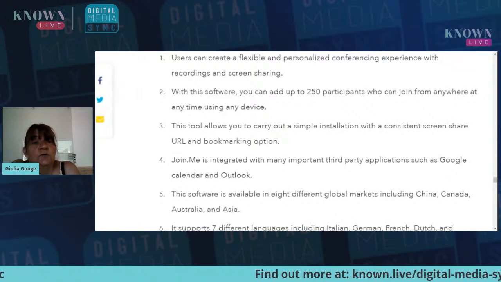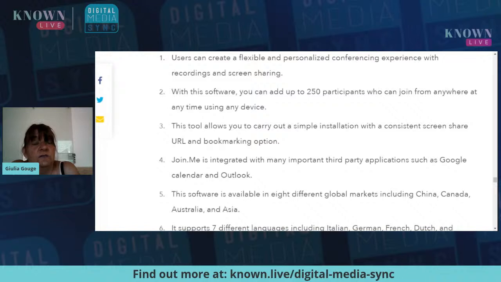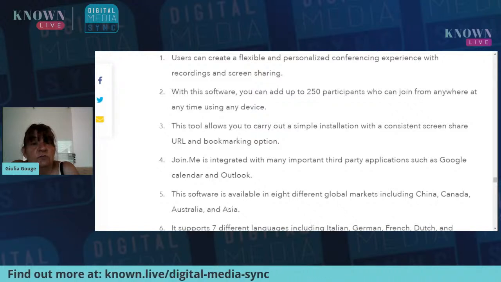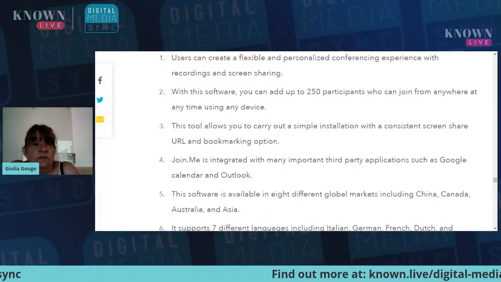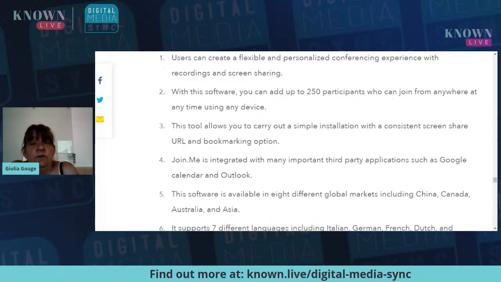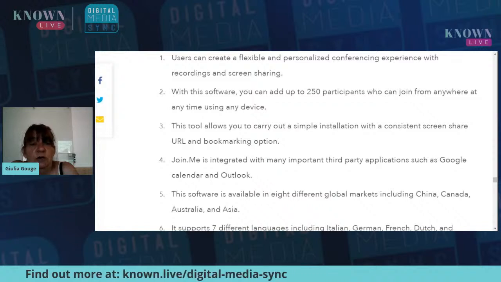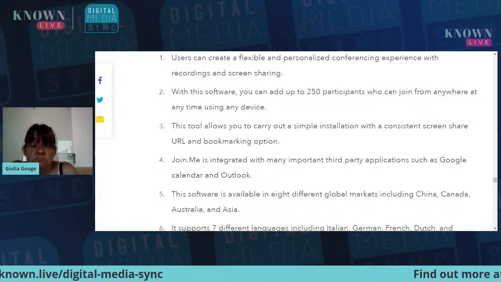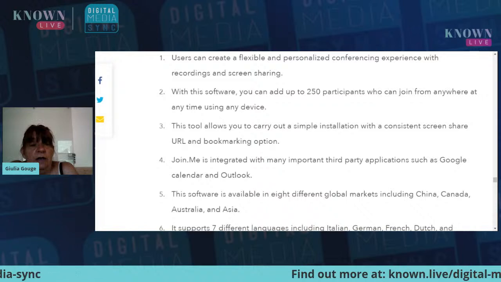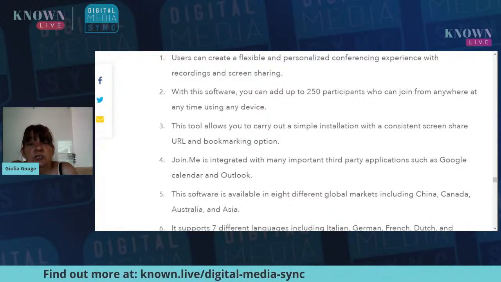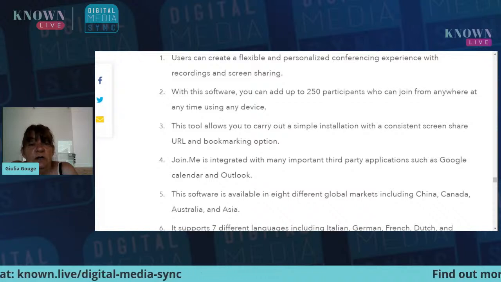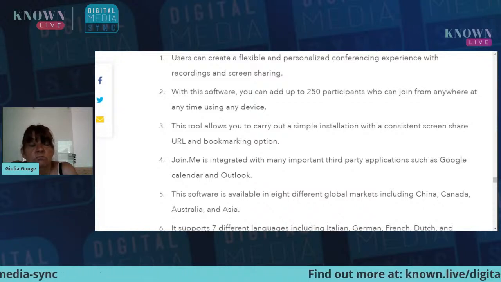Okay, so users can create a flexible and personalized conferencing experience with recordings and screen sharing. All right, sure. There's a lot of platforms that do that. With this software, you can add up to 250 participants who can join from anywhere at any time using any device. Also, check. This tool allows you to carry out simple installation with consistent screen share URL and bookmarking option.